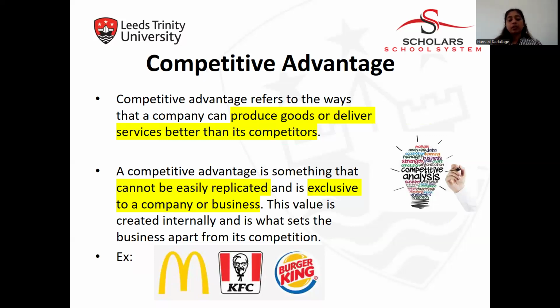Through competitive advantage, a business can differentiate itself from the other competitors. And the important point is that the competitive advantage should be difficult to copy. This value is created internally and is what sets the business apart from its competition.